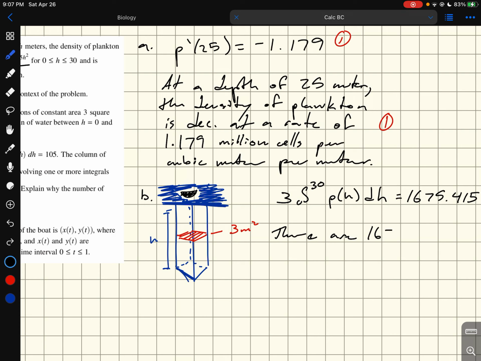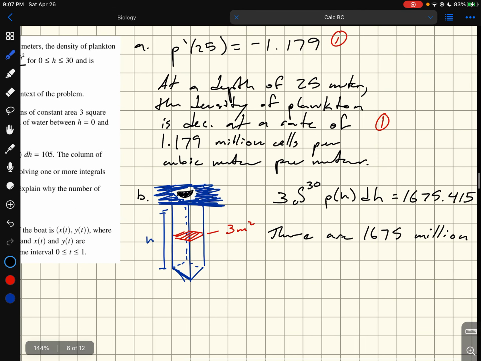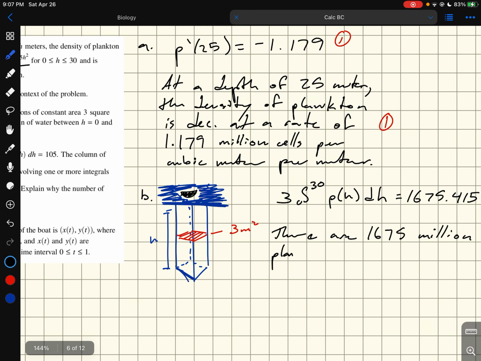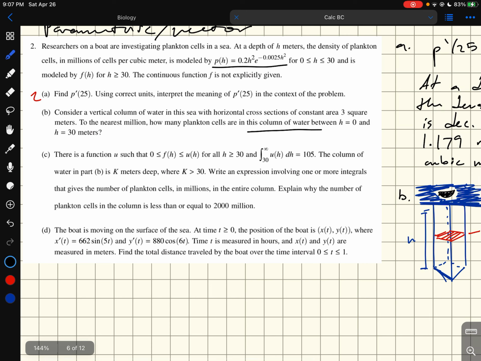So 1,675 million plankton cells in the column of water between h equaling 0 and h equaling 30.